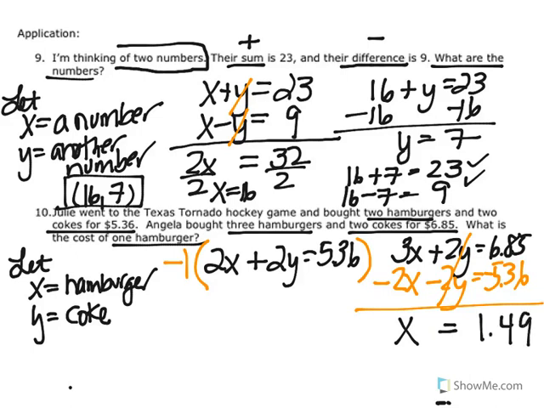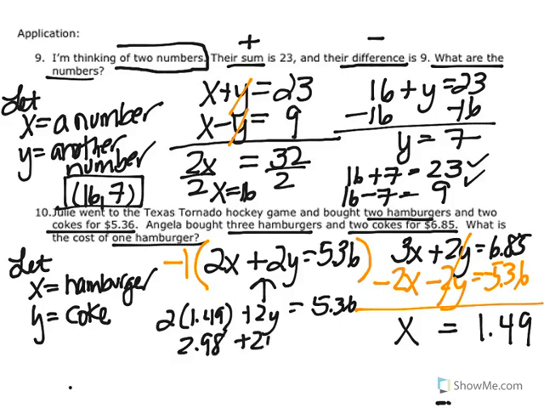of the hamburger. And then when you plug that back in, I'm going to plug it back into this equation right here. 2 times $1.49 plus 2y equals 5.36. So you get $2.98 plus 2y equals 5.36.